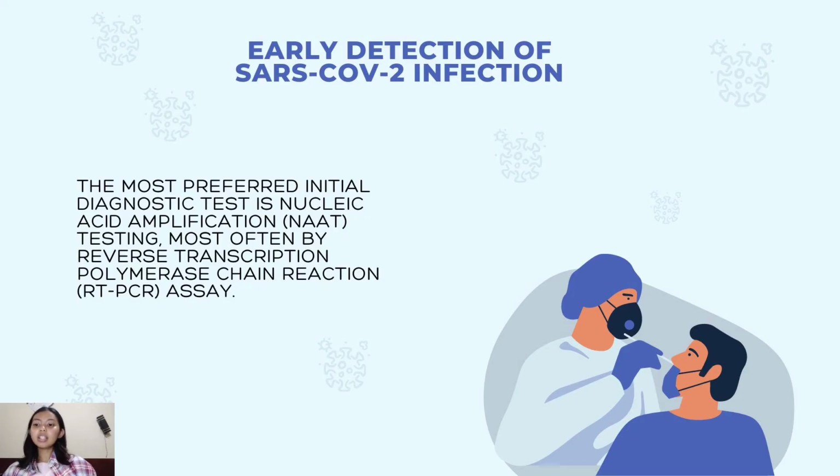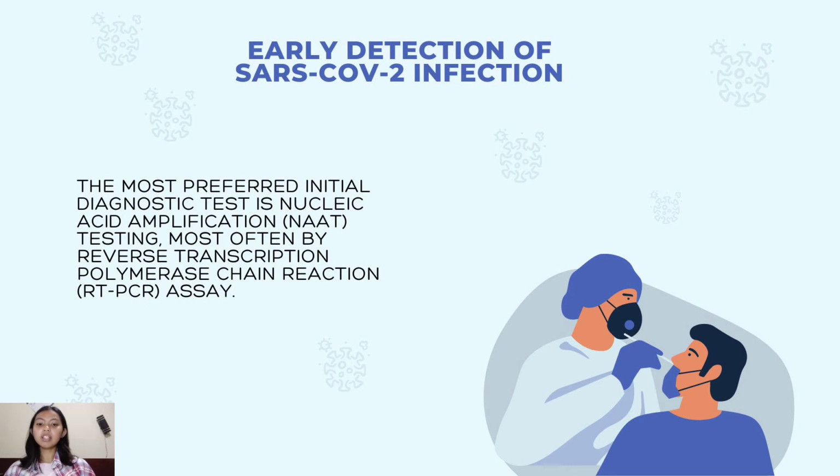Okay, early detection of SARS-CoV-2 infection is very important as delayed diagnosis leads to minimal control of disease progression and transmission. There are a number of nucleic acid and protein-based diagnostic tests currently available for COVID-19.